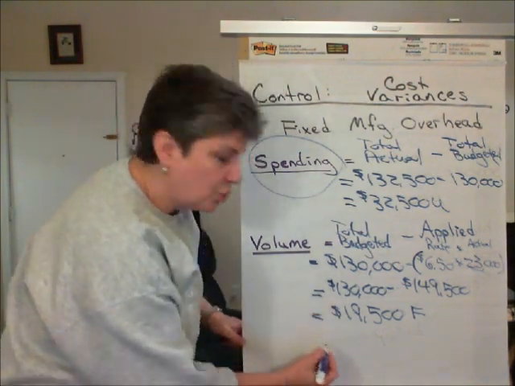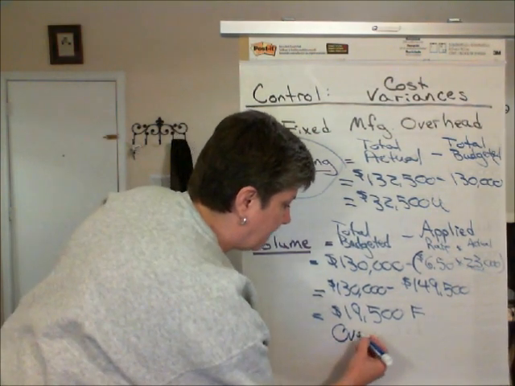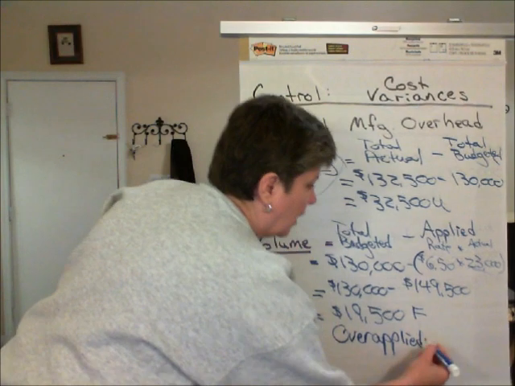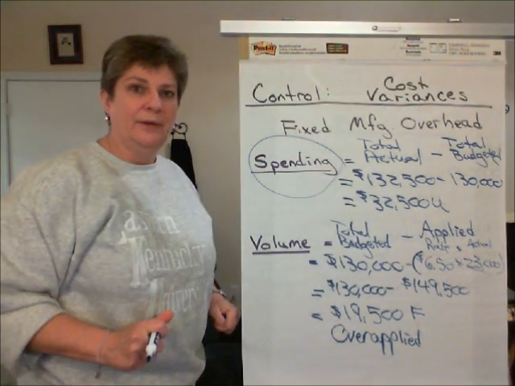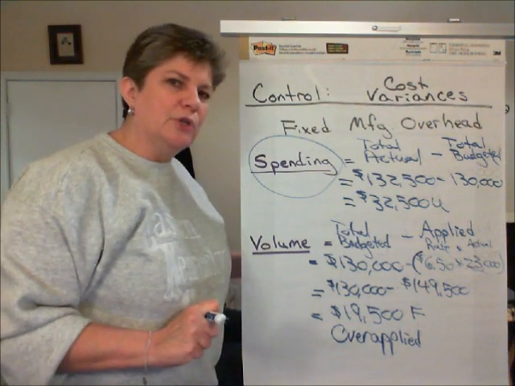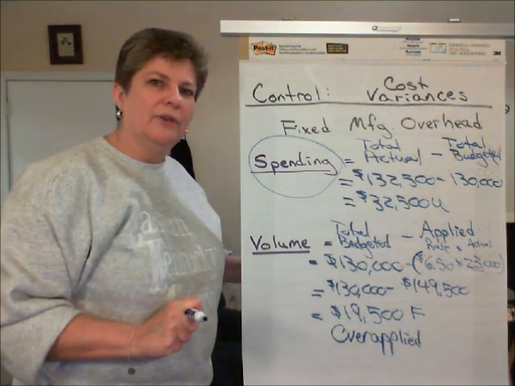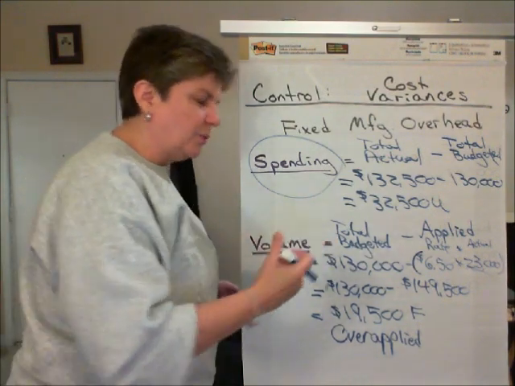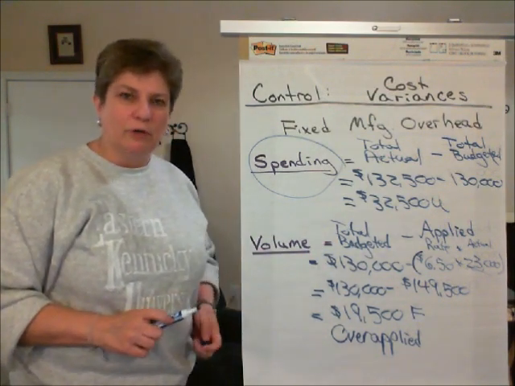So this is actually nothing more than over-applied fixed manufacturing overhead. And because we produced more units than we had planned, our economy of scale kicked in. And that's why it's a favorable variance.